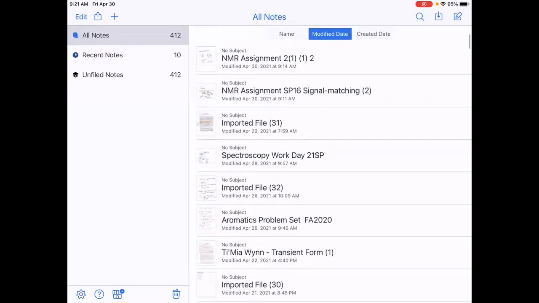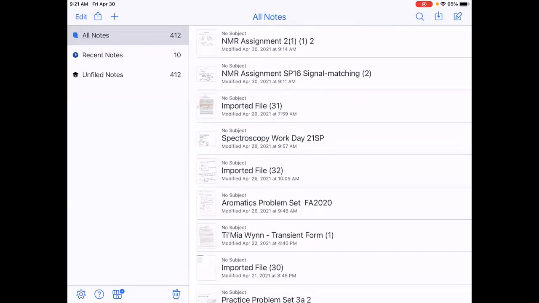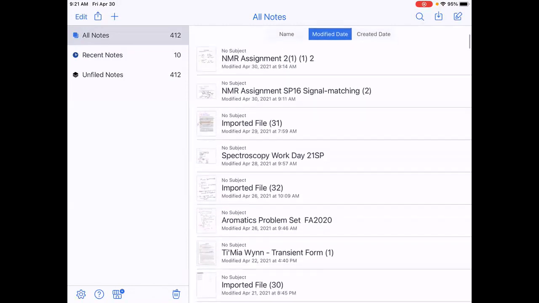I think it's NMR assignment 2, and then the other one is NMR assignment signal matching. Those are the only 2 that I opened on Blackboard. I had like 5 NMR assignments, but I only picked the 2 that I thought would help us the most. Okay, thanks.